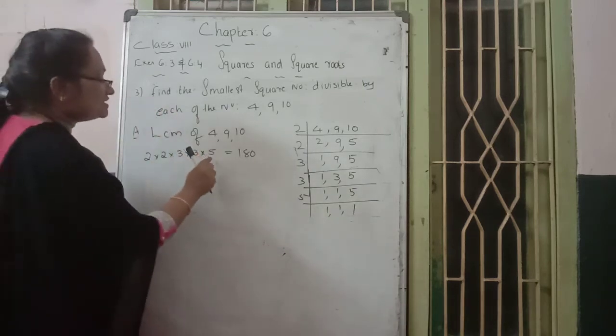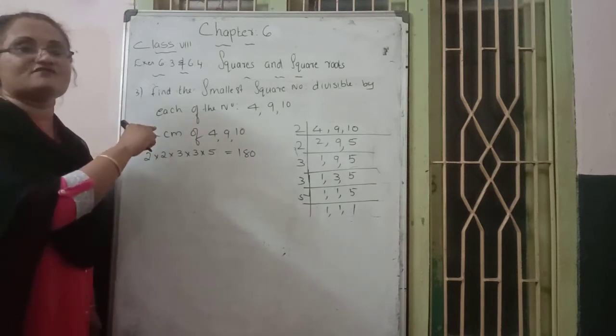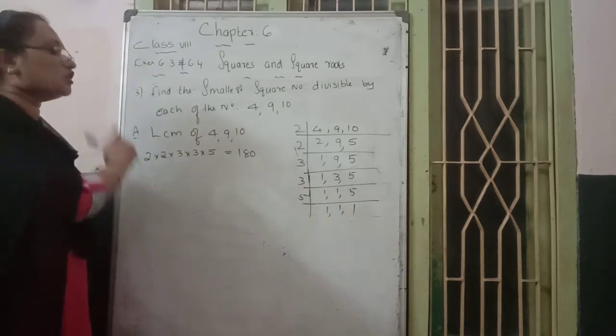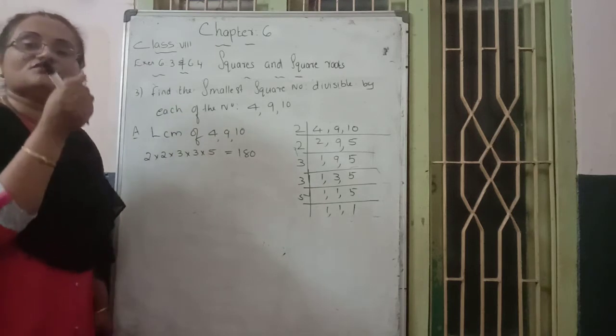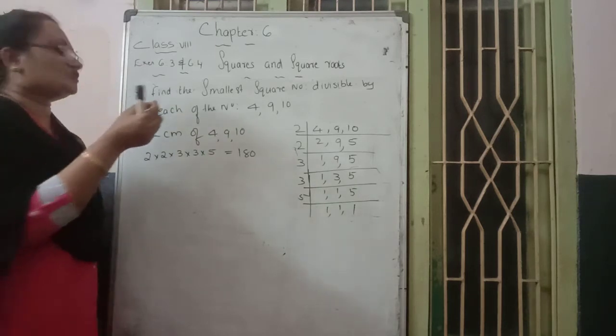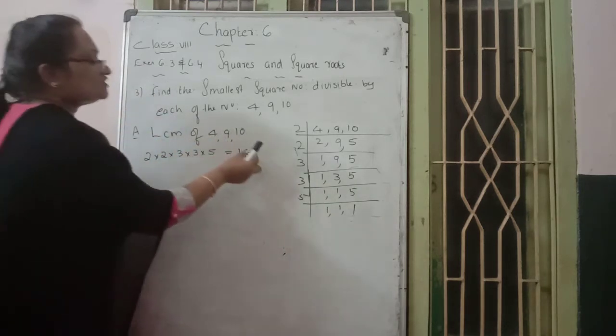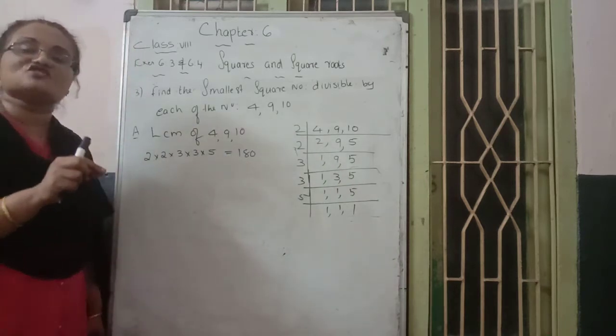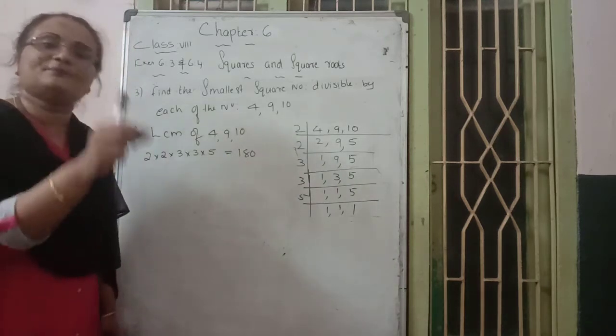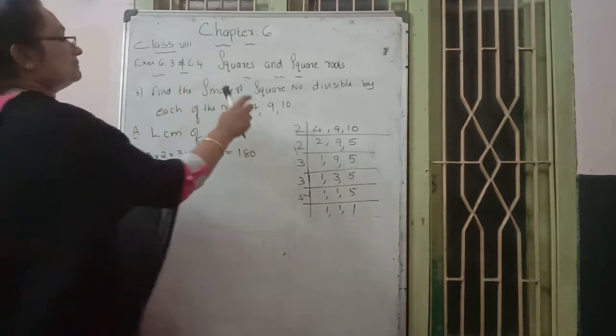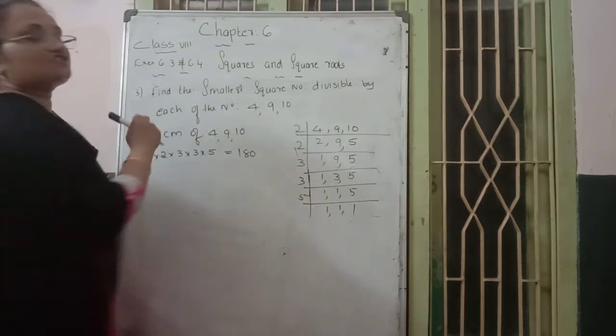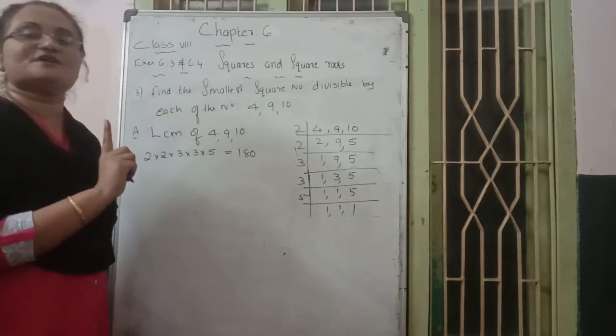Multiply by the missing 5. We multiply 180 by 5 and then we get a perfect square. That number can be divided by 4, 9 and 10. That is the meaning of the question.